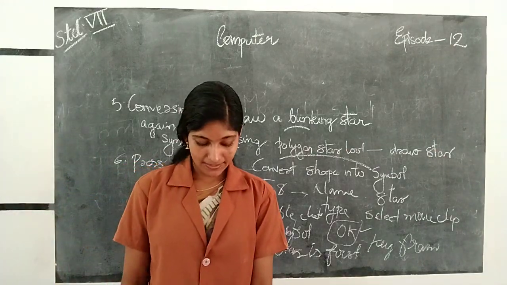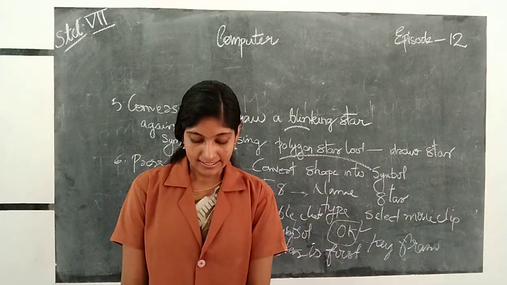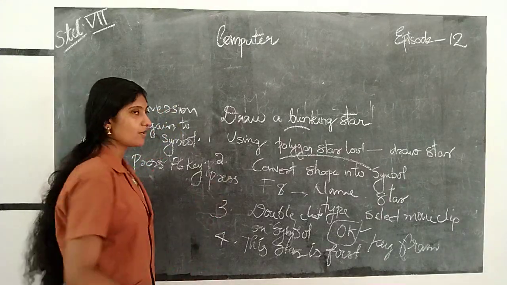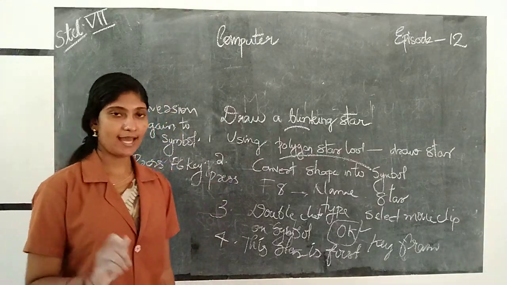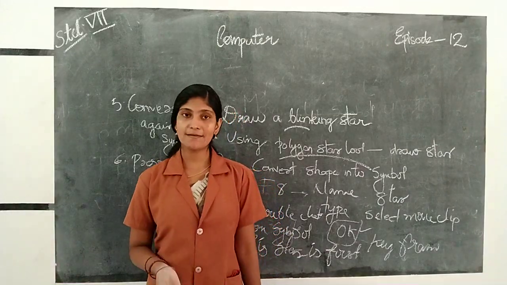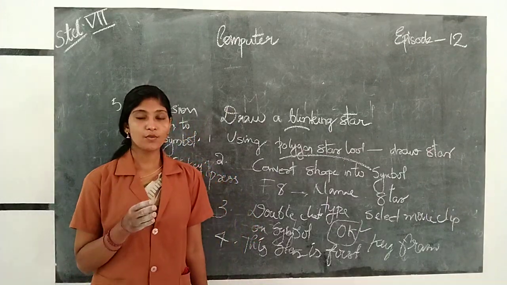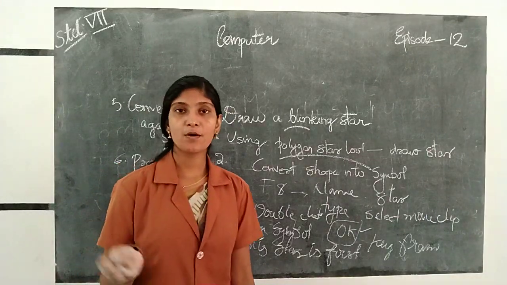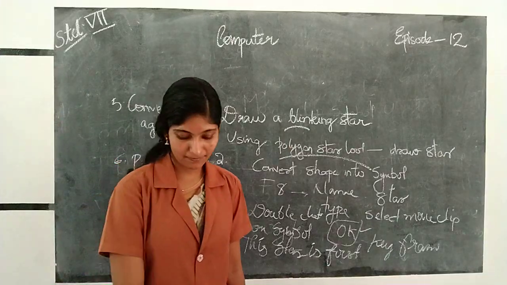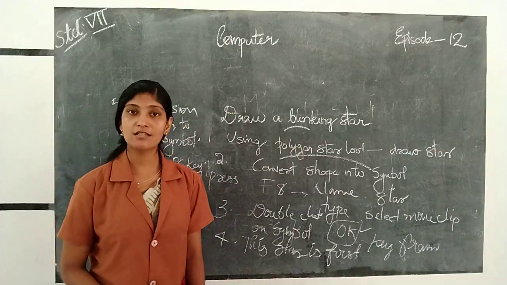Then seventh step is click on the object on the stage, change its color property. Here, for example, now we have converted our shape into the symbol. Then next step is we need to change its property. So if you want to change the color property into tint, just select the tint property from there and then select the free transformation tool.